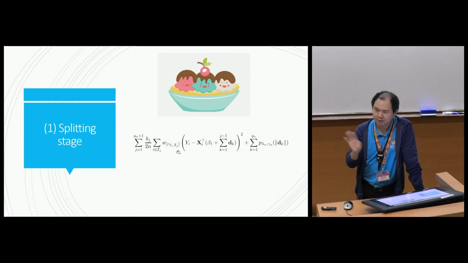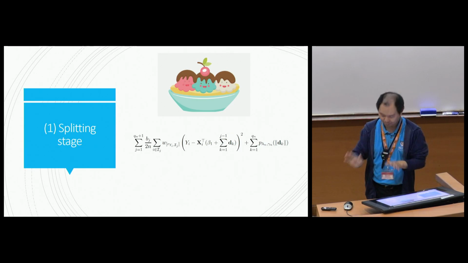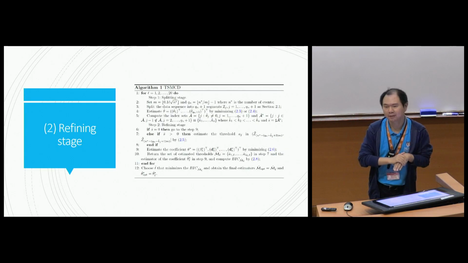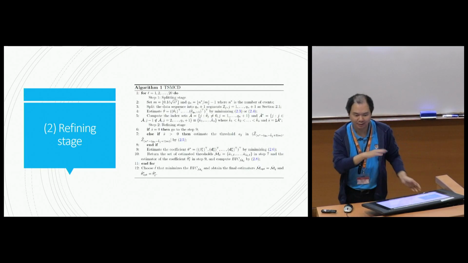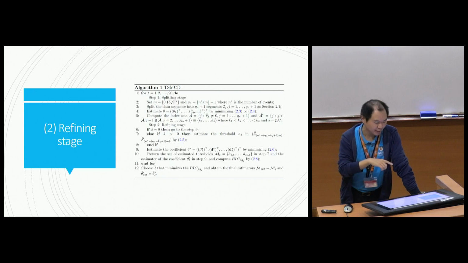But at this stage, the results may not be very accurate. Even though it will lead us very, very close to the truth, it's still not very accurate. So we have one additional step called a refining step. The second step is even more complicated. It just involves the cumulative sum methods again, the binary segmentation methods again. But this method, as I told you earlier, is usually very time consuming.